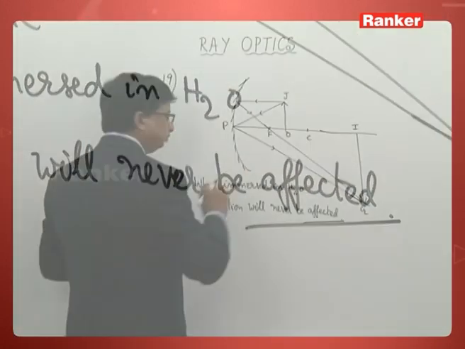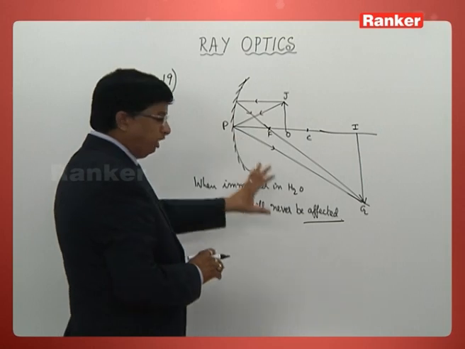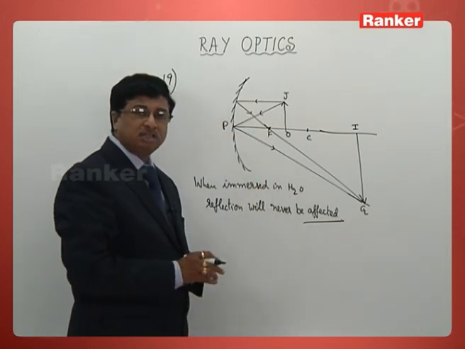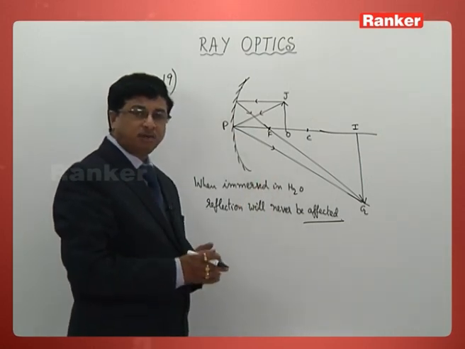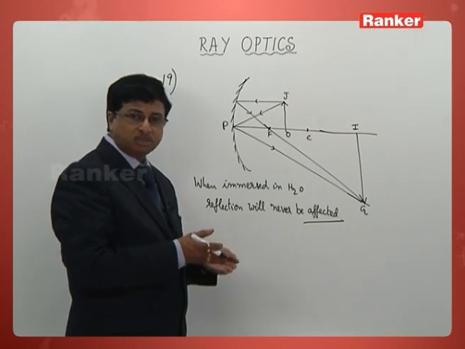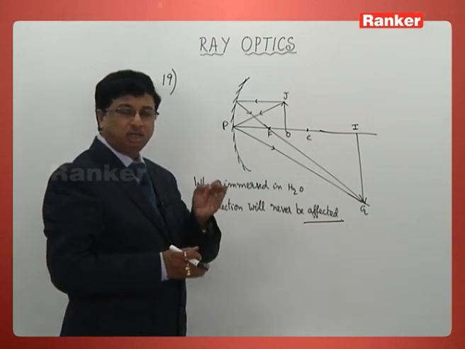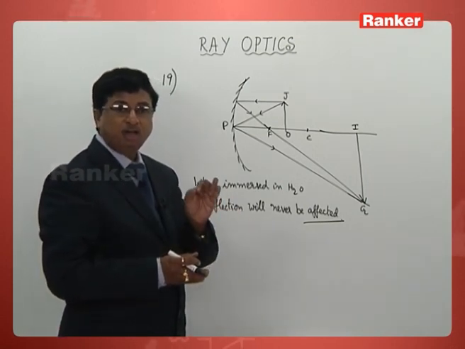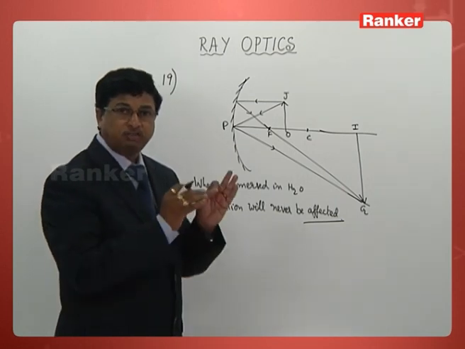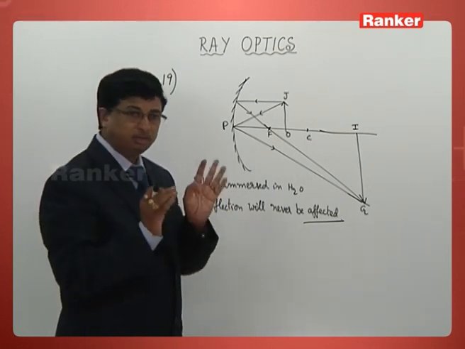That is the point. So reflection is not going to be affected by this. So what is the correct option? The image will not suffer any change in the position.